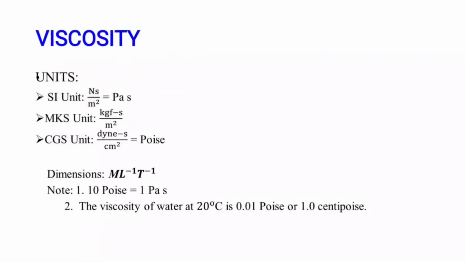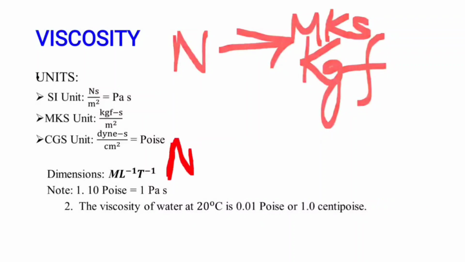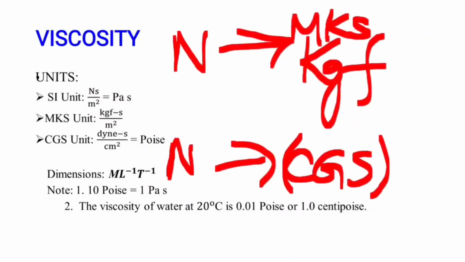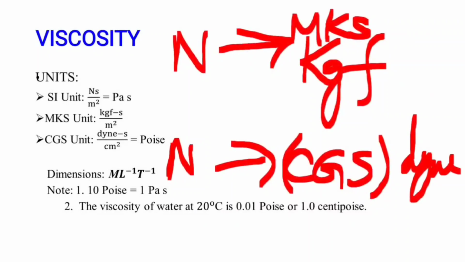This is a derived quantity. In MKS unit, Newton is written as kgf. In CGS unit, Newton is written as dyne, that is gram force.